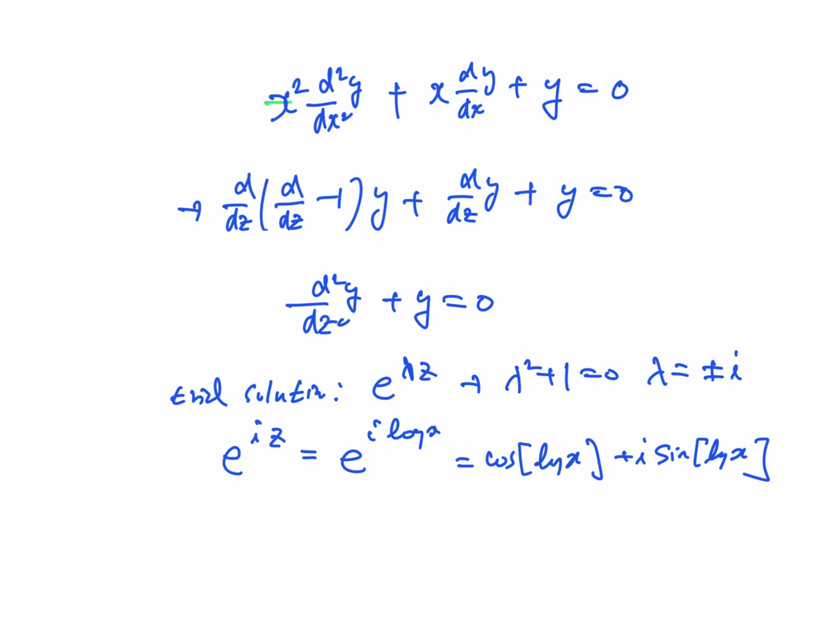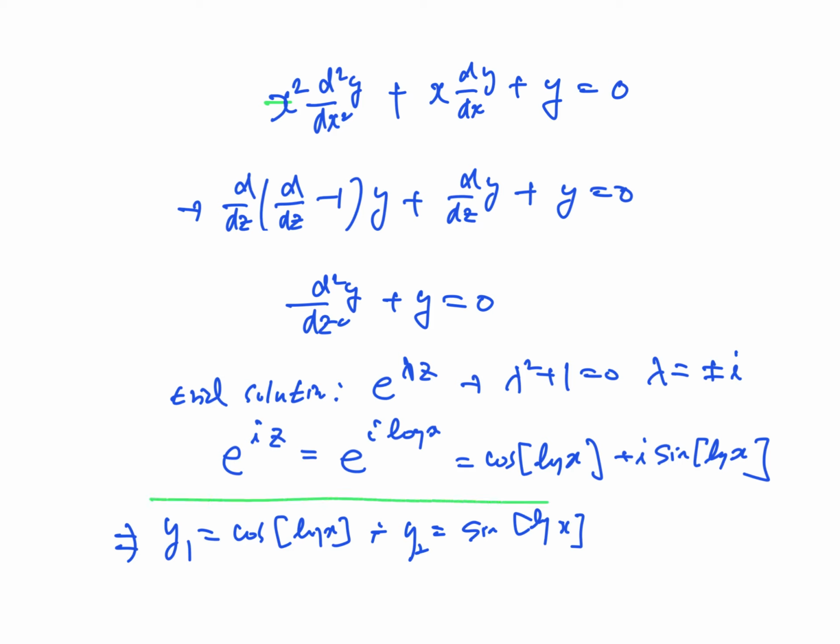The general solution we can take as y1 simply cosine log x plus y2 sine log x. So it's more convenient than exponential i log x and minus i log x. So you can use this as a solution.